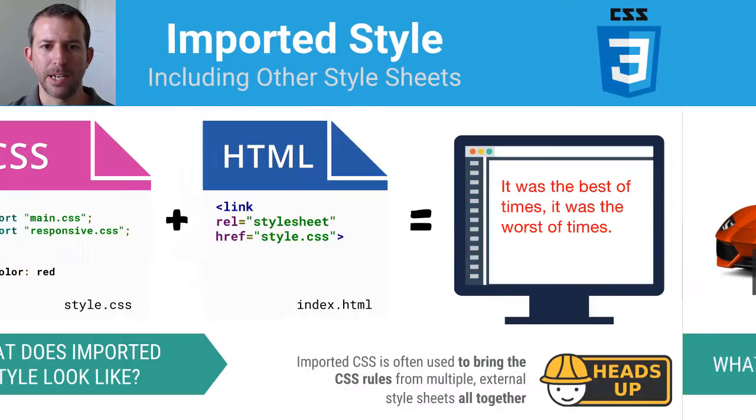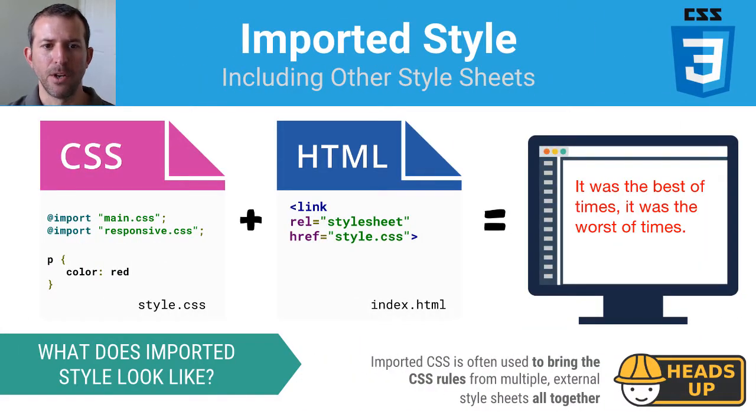So imported CSS looks something like this. You'll see this @import command. In this particular case, I have a style sheet. I'm calling it style.css. And then I have imported two other style sheets, main.css and responsive.css. This is what we call imported style, combining multiple style sheets together inside the style sheet so that I only have to link one style sheet into my document.